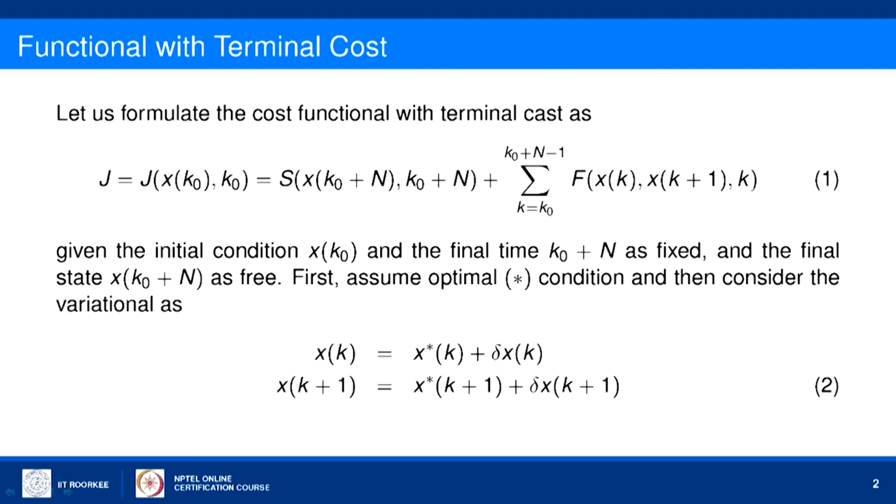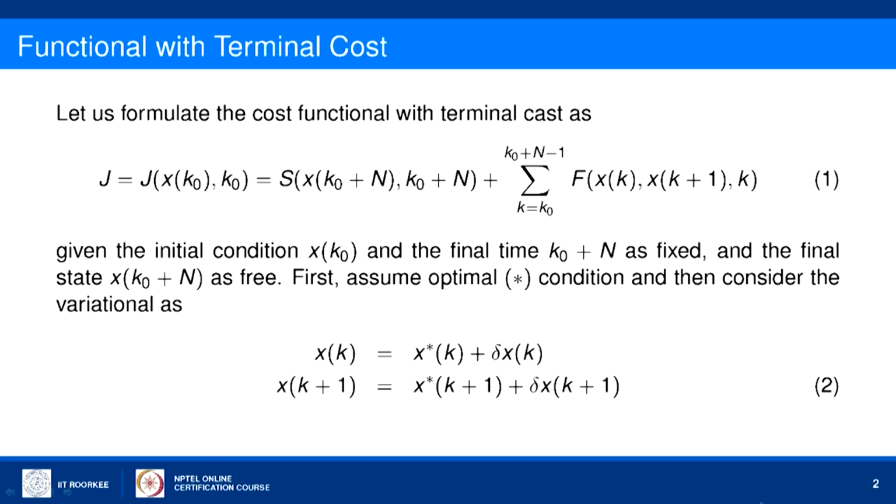In this case, we follow a similar procedure as in the previous lecture. The optimal solution is x star of k, and x of k is x star of k plus a variation in the function x of k. When we put k equal to k plus 1, the next position x of k plus 1 is the increment from x star of k plus 1.